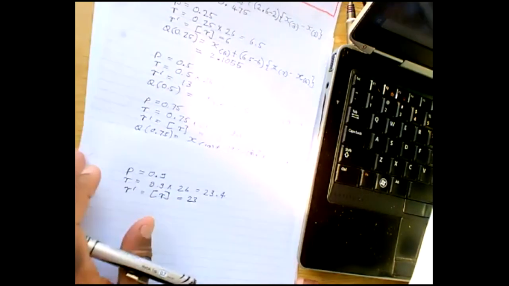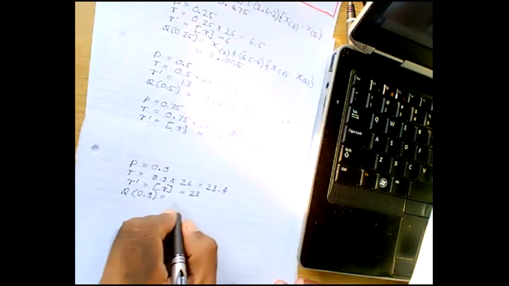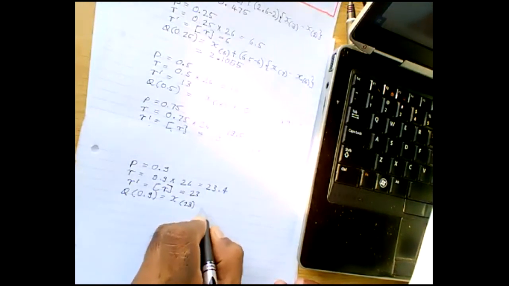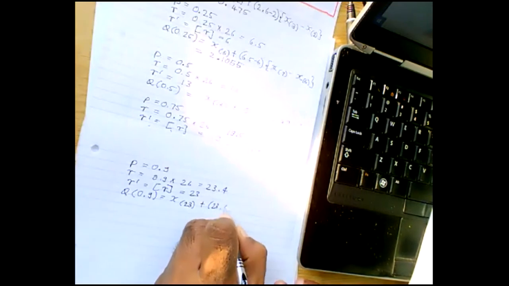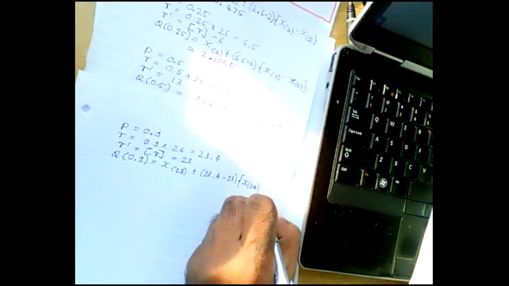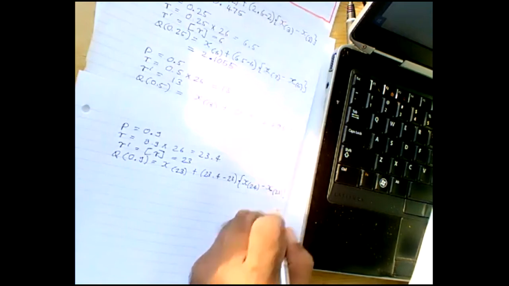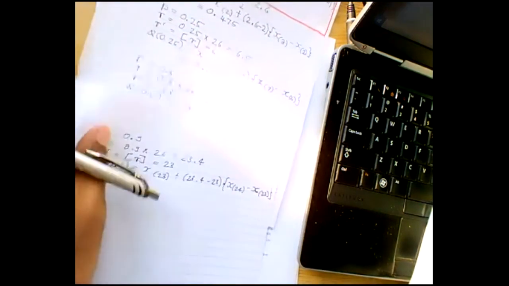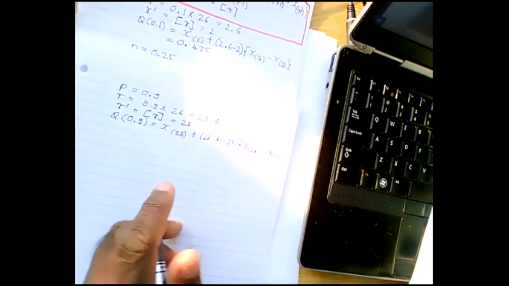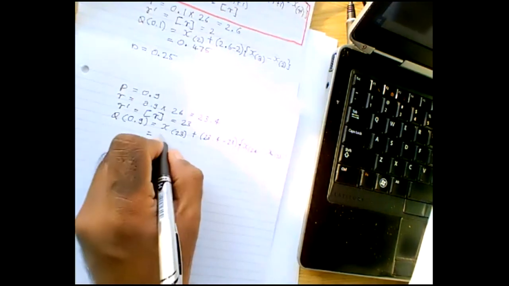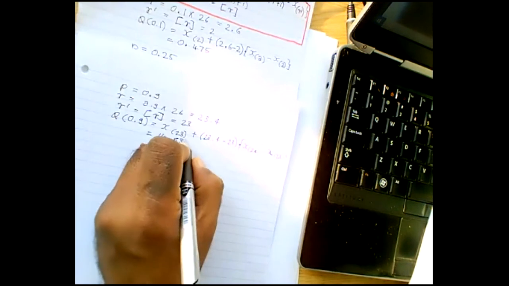So your Q at 0.9 is going to be this multiplied by this, and if you work this out, this will be equal to 14.53384.